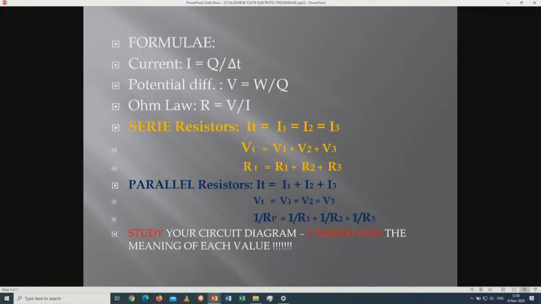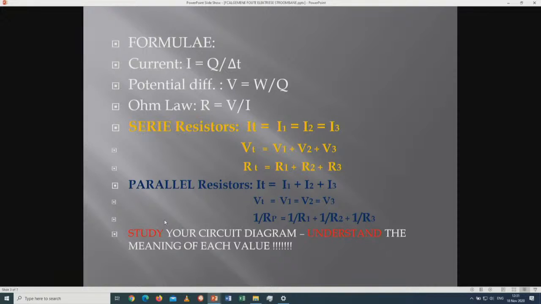So these are the basic concepts that you must know. As a grade 12 learner in physics, your knowledge of electric circuits must be on your fingertips, and you must know how to apply it in a circuit diagram.